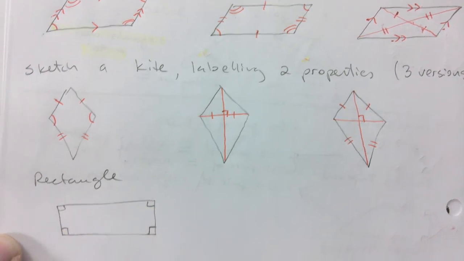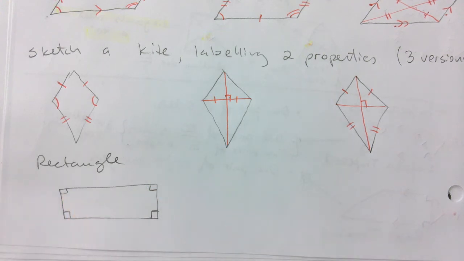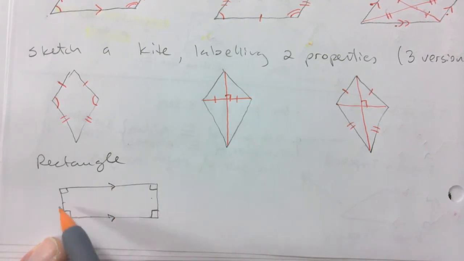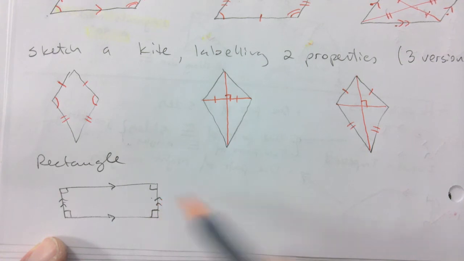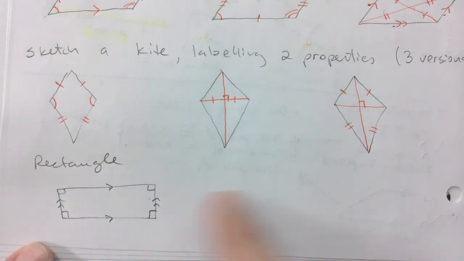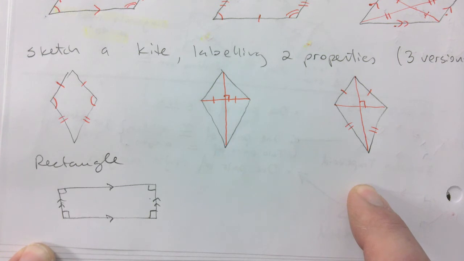You can say that opposite angles, there's 2 pairs of opposite congruent angles. It has 2 pairs of parallel sides. I'm basically asking you to draw from your list of properties of that specific shape. So sometimes I'll ask you to do that in words. So you got to be able to write that in words. Okay.